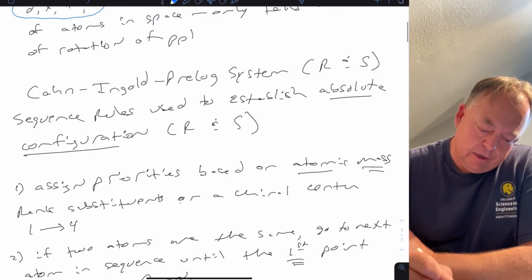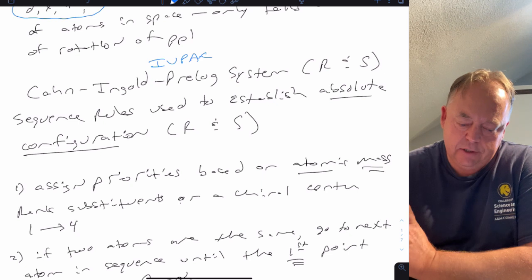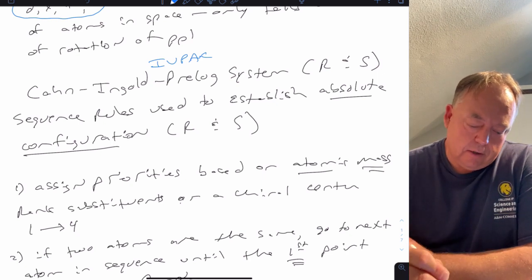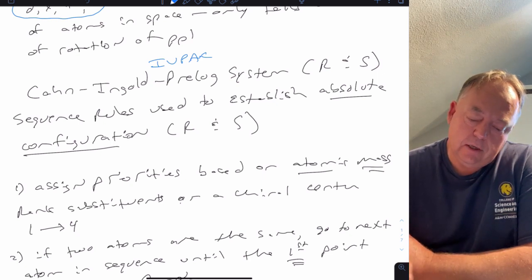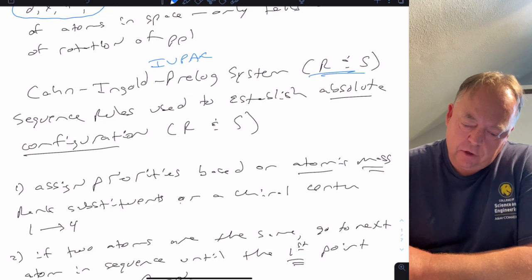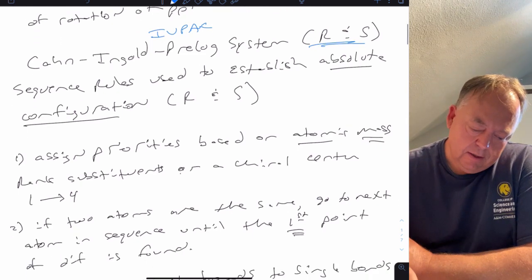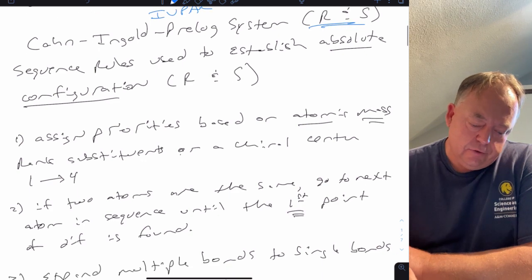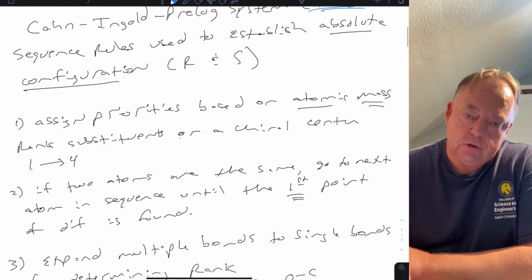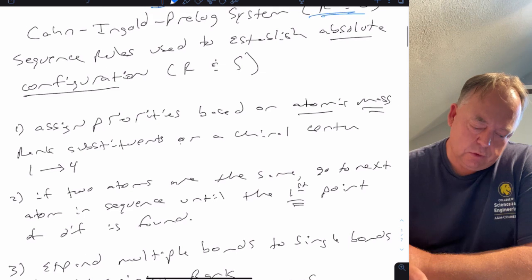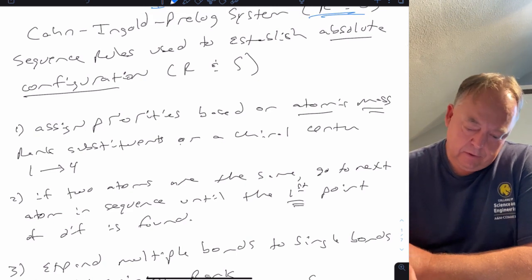The way to do this is to use the International Union of Pure and Applied Chemistry rules, the Cahn-Ingold-Prelog system, which will allow you to determine if the chiral center is R or S. It's a pretty simple method to use. You use what are called sequence rules to establish what's called the absolute configuration.